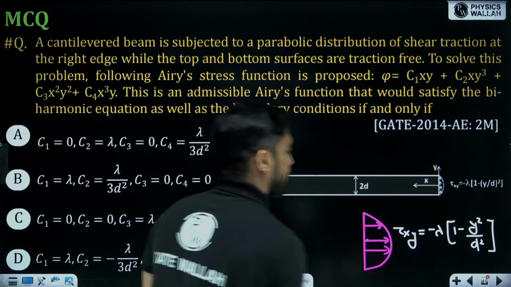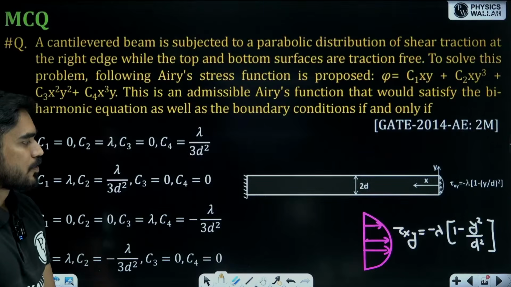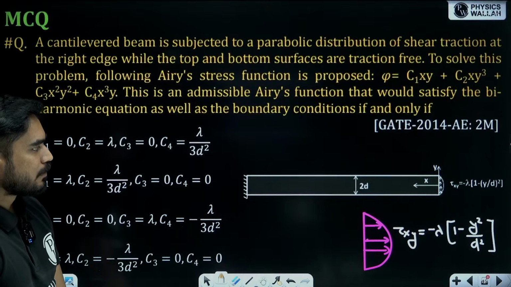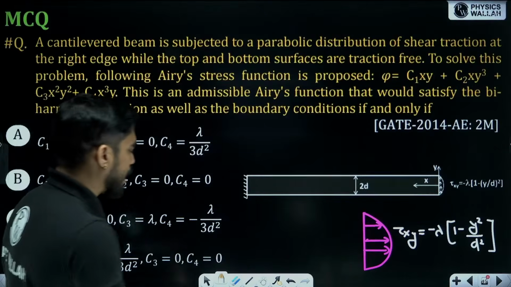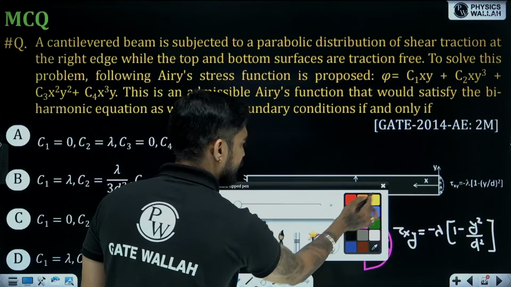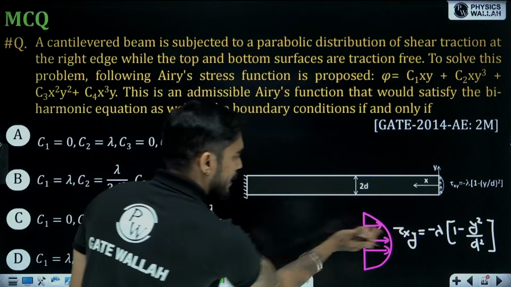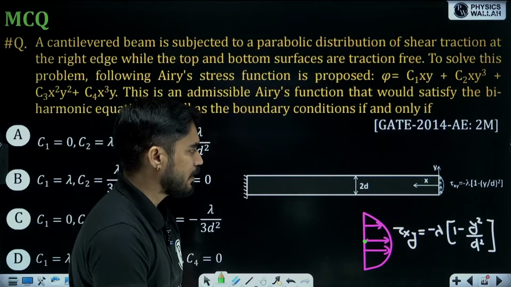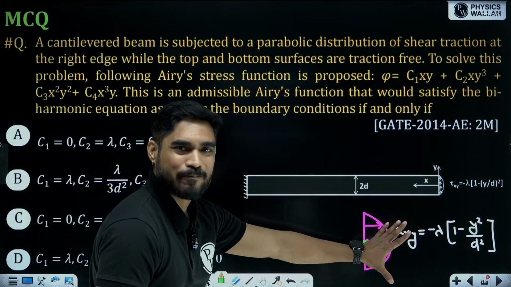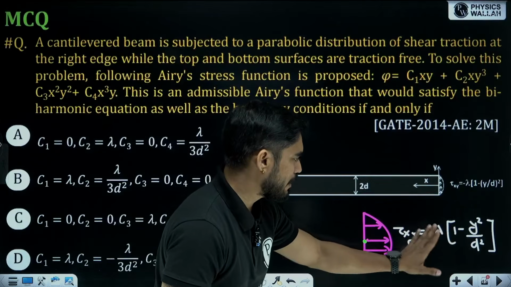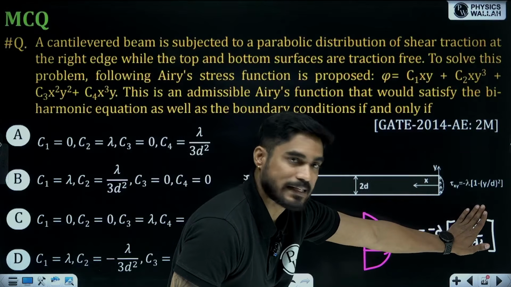Okay. So you can see that the maximum value of tau is at the center, right? Maximum value of tau is at the center and it will be minus lambda. See, maximum value of tau xy can only be minus lambda.